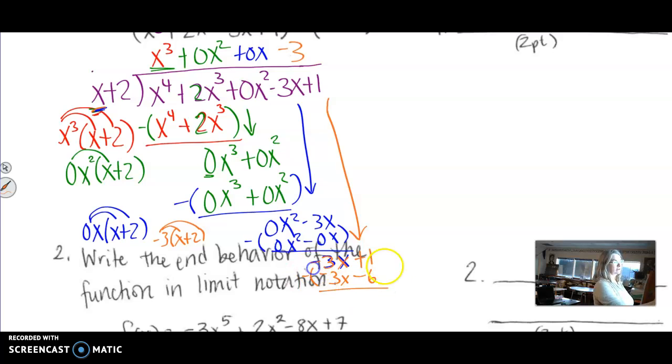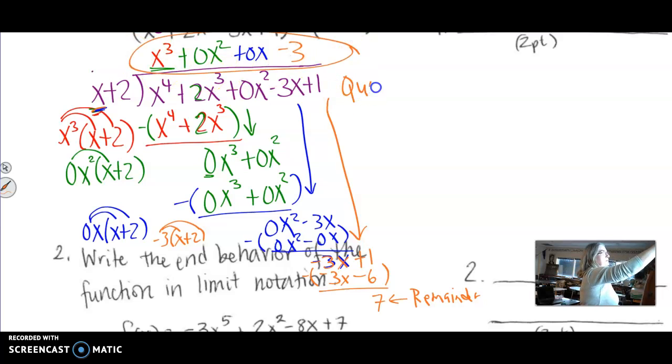Recall that we go 1 minus a negative 6, which ends up adding 6, so we end up with 7. x cannot go into 7, so this is my remainder. When you write the answer, the quotient, you write it as the quotient plus the remainder over the divisor.